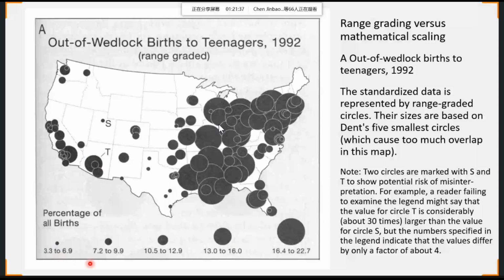And this circle here for T is from 13 to 16%. So the difference is much smaller than the sizes of the circles reflect. Therefore, this is misleading. You should keep that in mind, how we use the size differences, how we define these steps between the numbers.